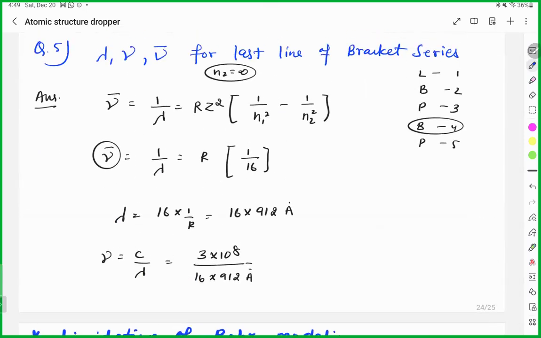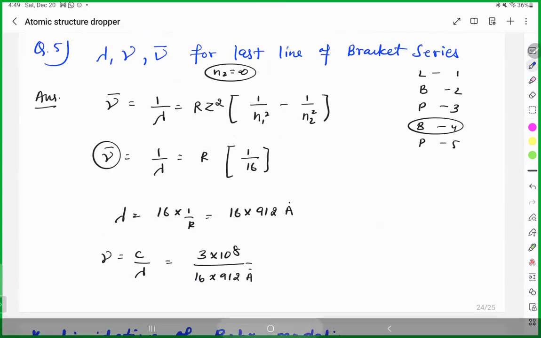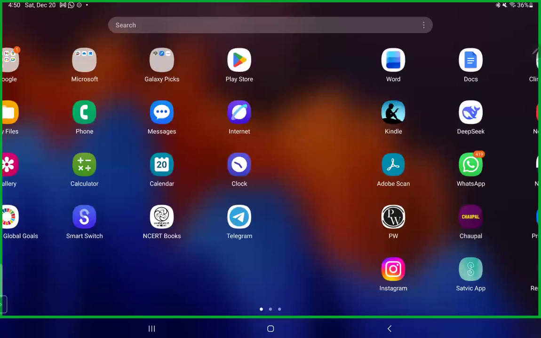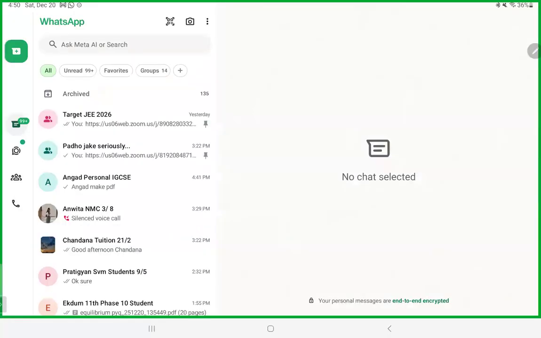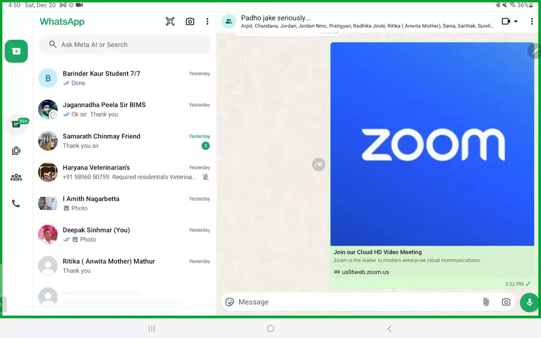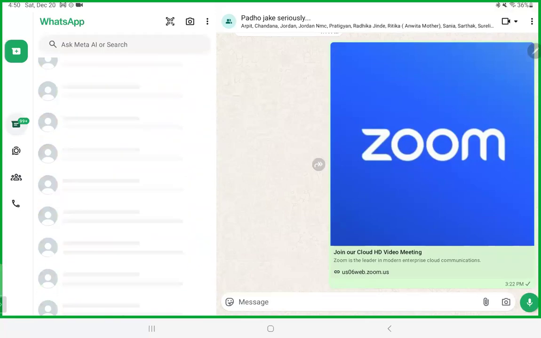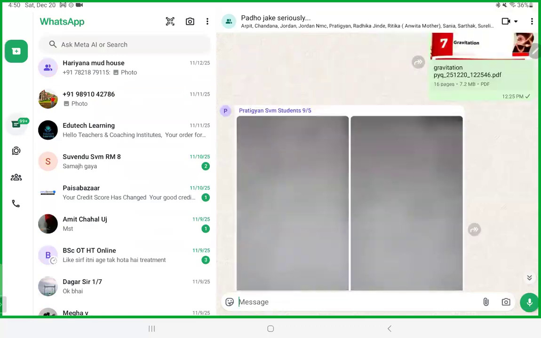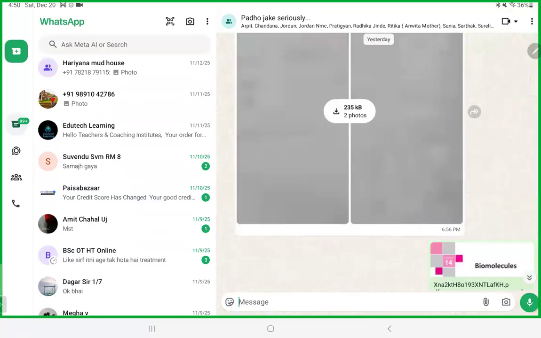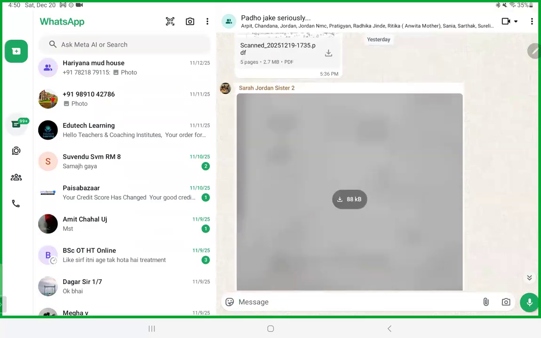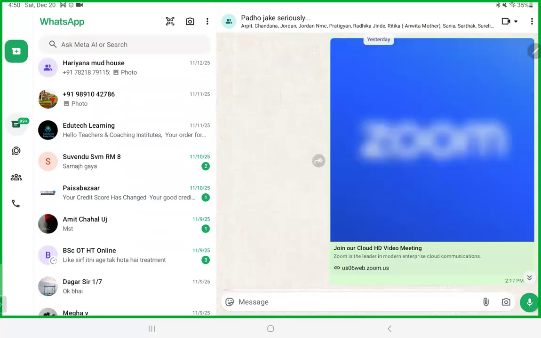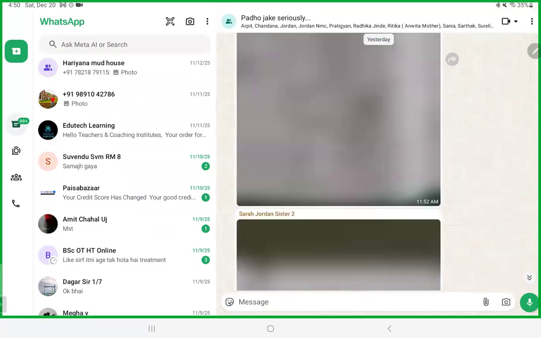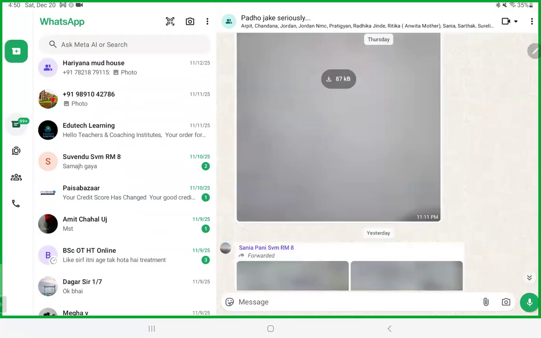Yesterday I sent you the PDF of this question in the group, right? Yesterday I sent you gravitation, biomolecule. I didn't send you this atomic structure PDF.